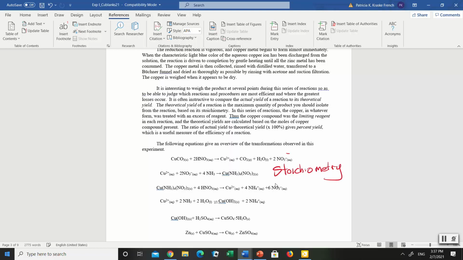So we're going to be following our copper and figuring out things like the theoretical yield of copper and the percent yield of copper, etc.